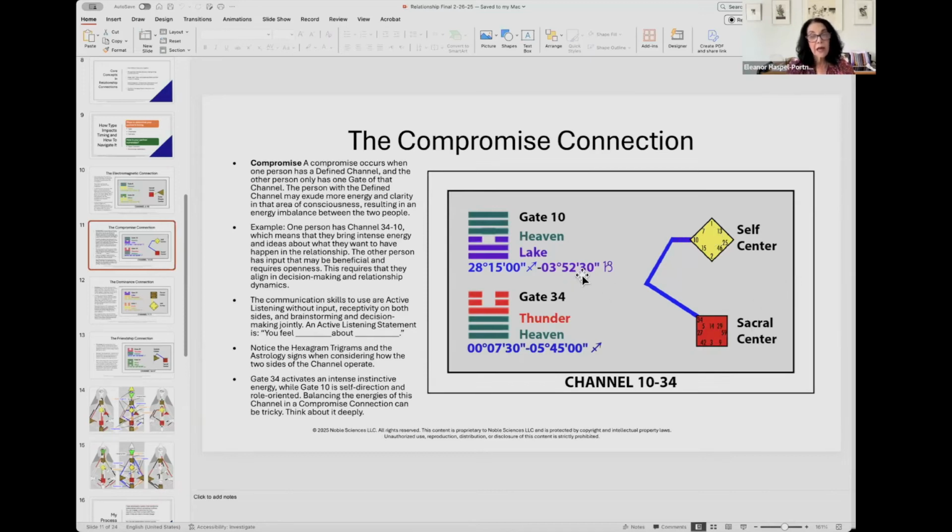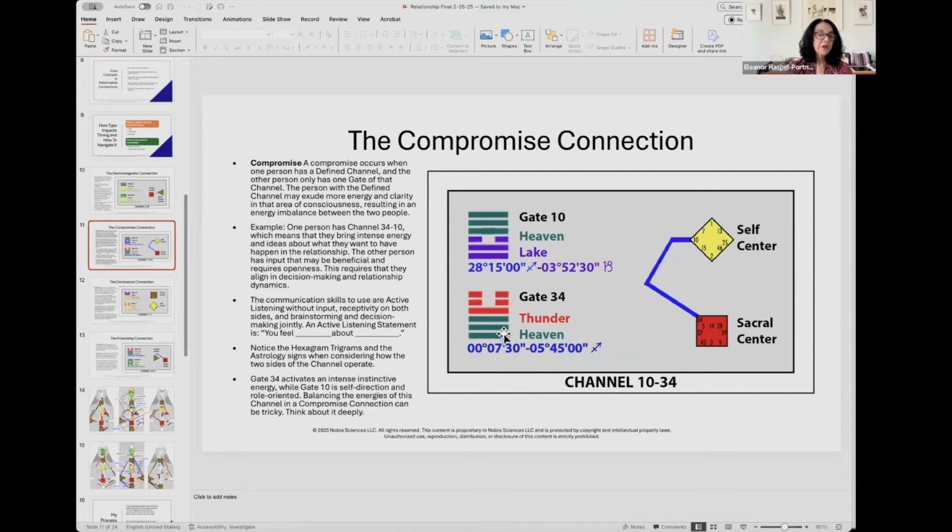I also would like, and I put these images in because I want you to look at the hexagrams. In this instance, the 34 is all Sagittarian. And look at the hexagram, all yang on the bottom, and then it's an Aries, red is Aries.